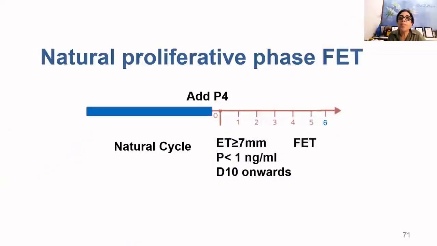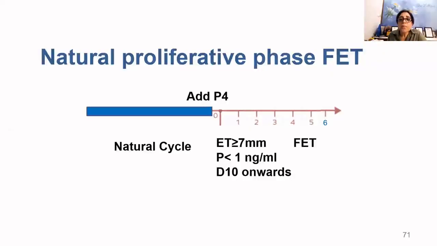Once the endometrium is trilaminar, somewhere around 7-8 mm, and 10 days have passed. That is, 10 days is what we want the cycle length to be in the proliferative phase. So once you reach that point, irrespective of whether the dominant follicle is 13 mm, 14 mm, don't look at the dominant follicle.